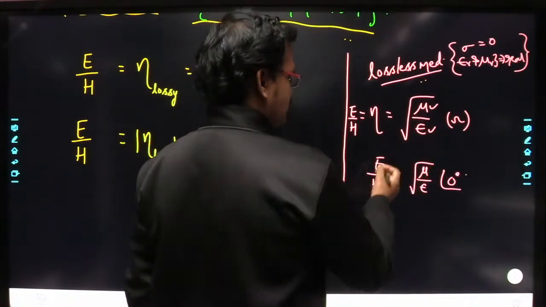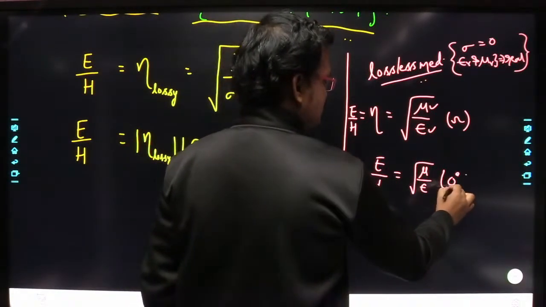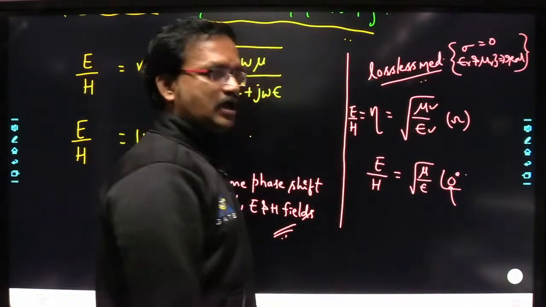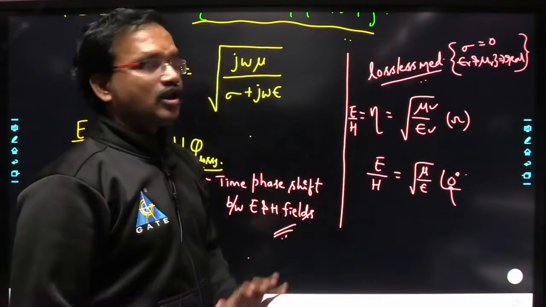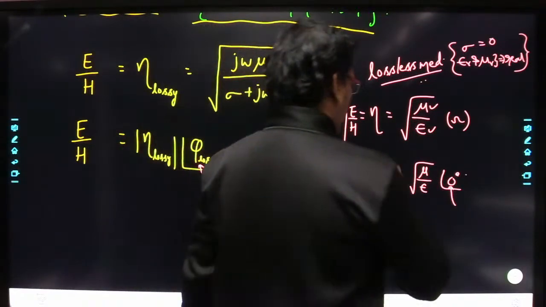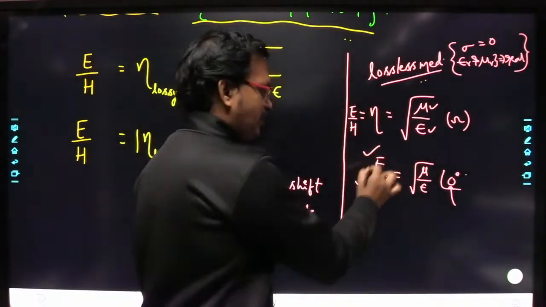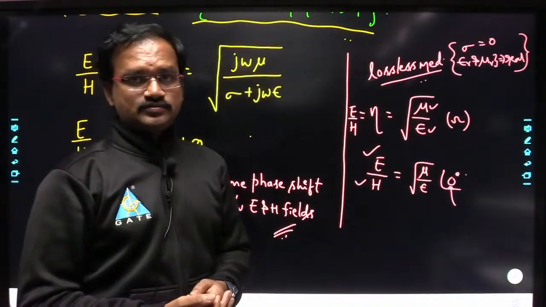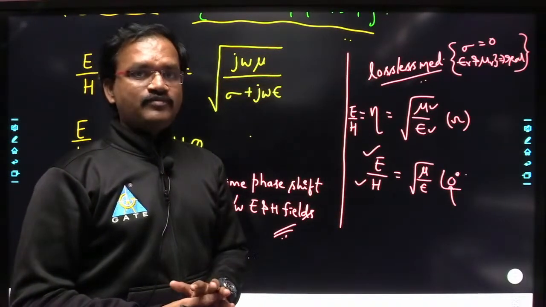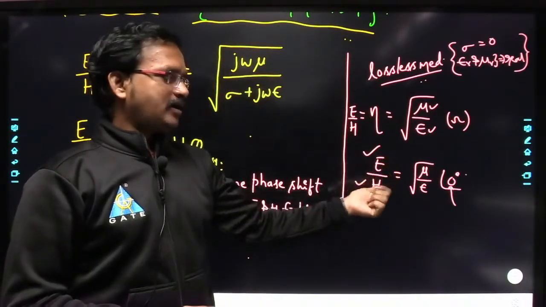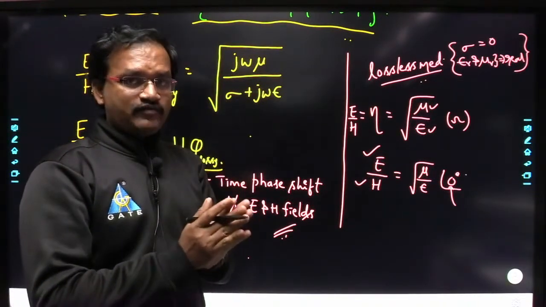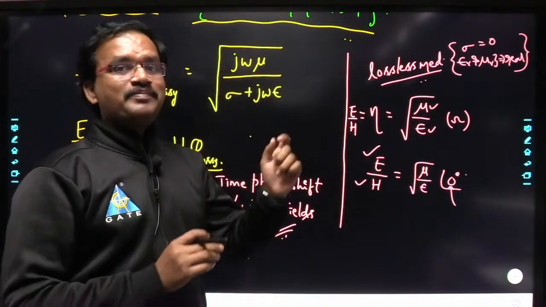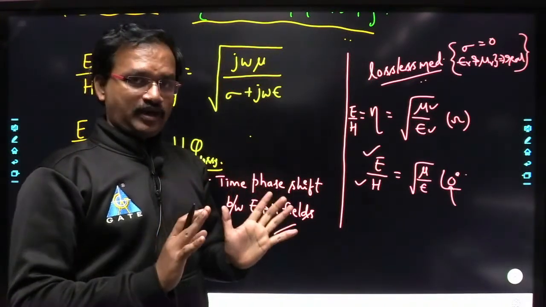So in a lossless medium, what does this 0 degrees represent? The time phase shift between the electric field and magnetic field. So in a lossless medium, the electric field and magnetic field are always in time phase. What does that mean? The electric field and magnetic field of a uniform plane wave make maxima and minima at the same time.